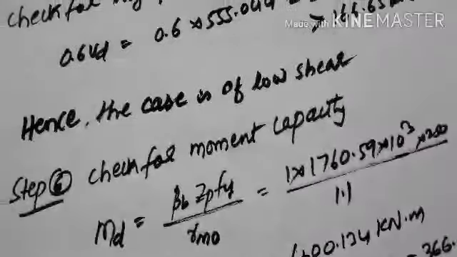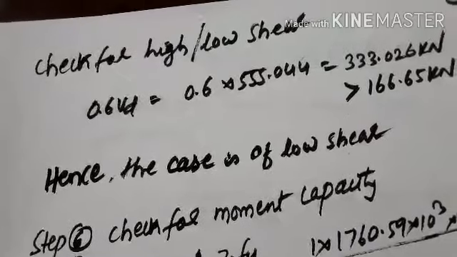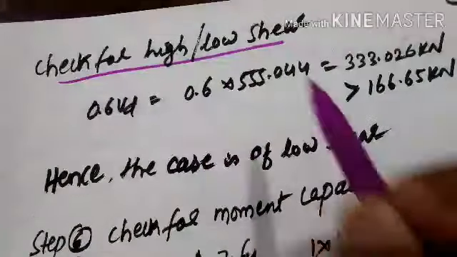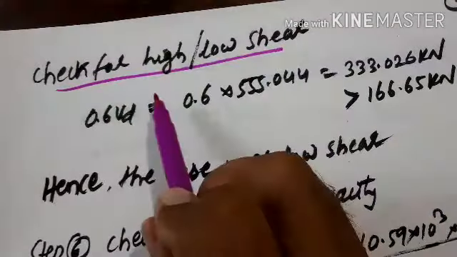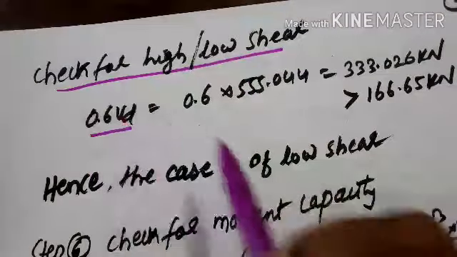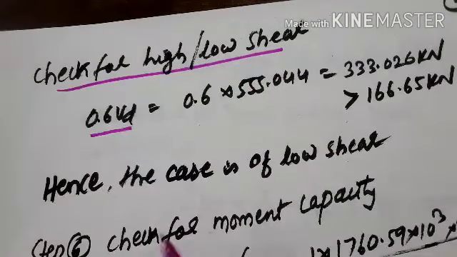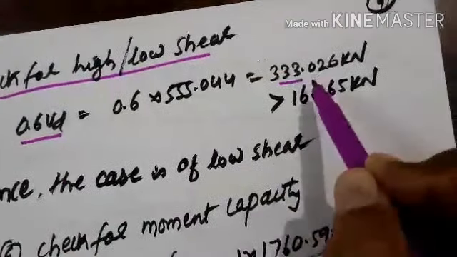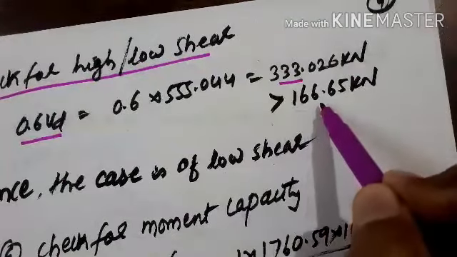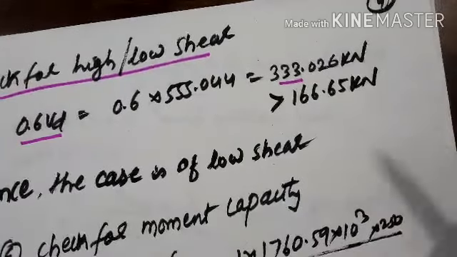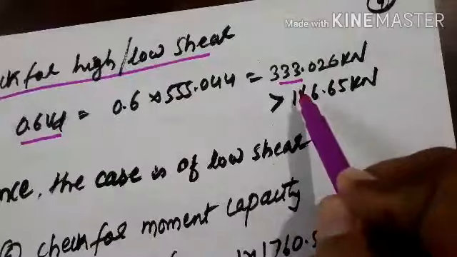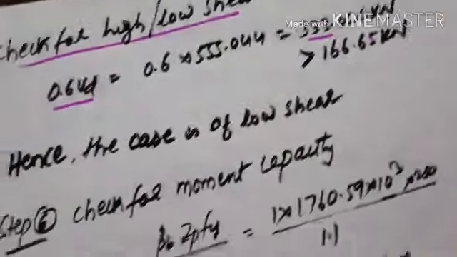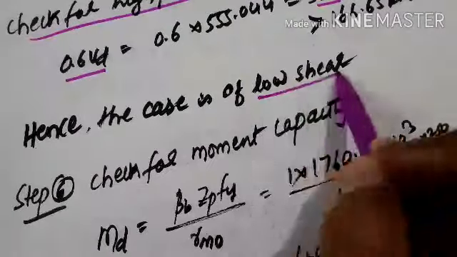Then, after calculating the design shear strength, check for high or low shear. To check for high or low shear, we need to take 60% of the design shear strength. 60% of the design shear strength, when we calculate, we get 333.026 kilonewton, which is greater than 166.65 kilonewton, the actual shear acting, which represents the case of low shear.